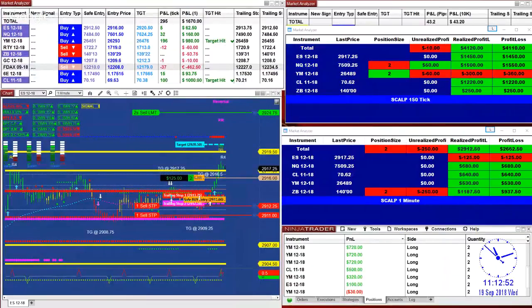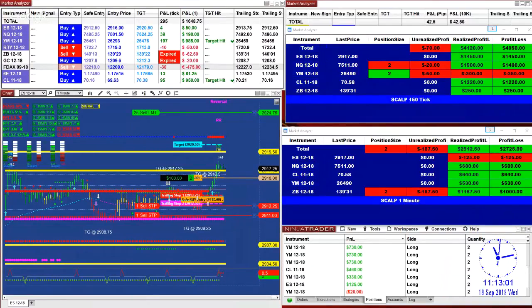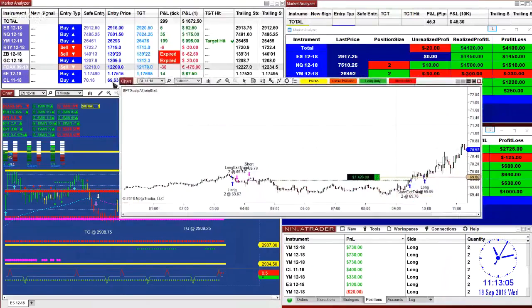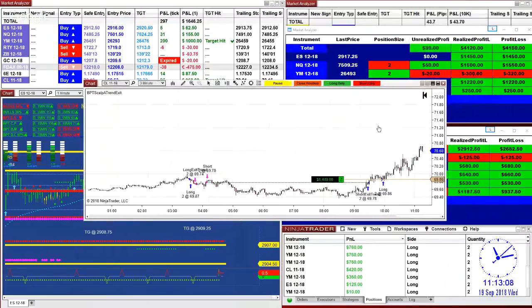On the CL, if we want to look at the automated trading, it is still on that trade. This is the CL, and it already nailed 1460 on this last trade.